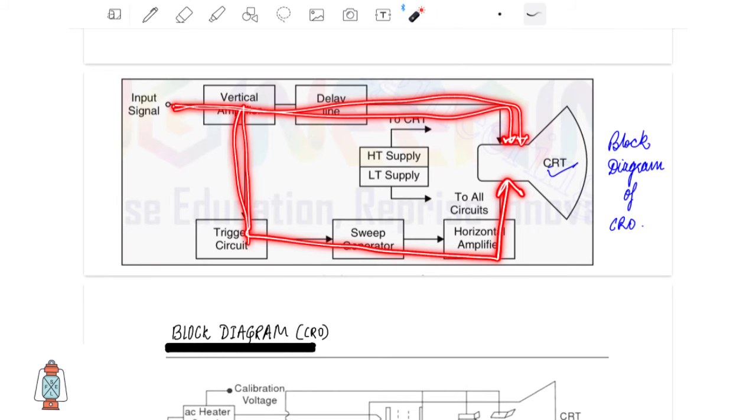So this path it will take in case of horizontal one. So you can see this vertical path distance is less than the horizontal one.